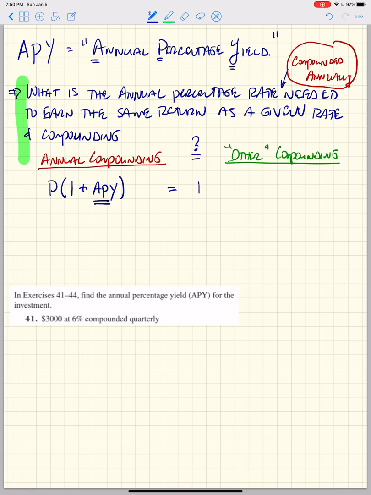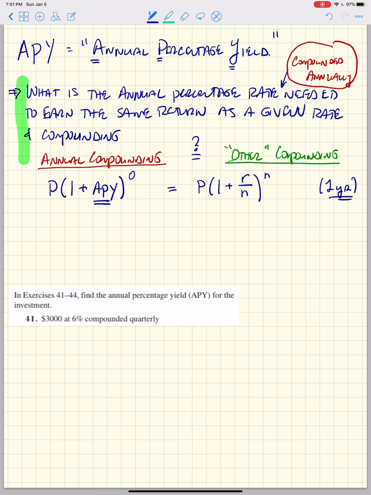If it were compounding n times per year, it would look like 1 plus some rate r over n, that's the number of compoundings, raised to the n power. Now in both cases, I am just looking at 1 year. That's all that matters. So I don't have a t up here in my exponent, and I don't have an exponent here. It's just 1.